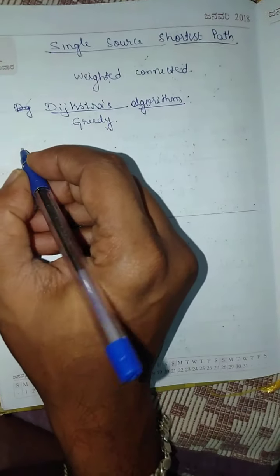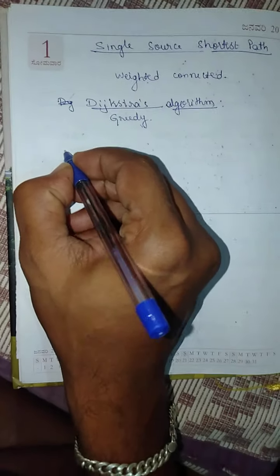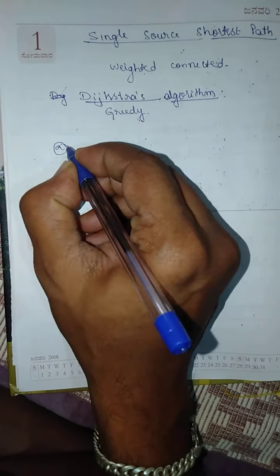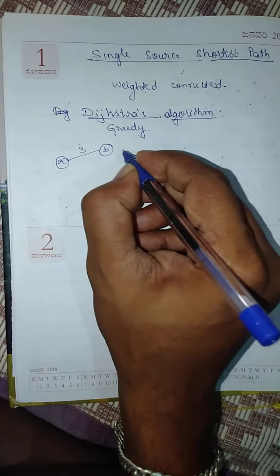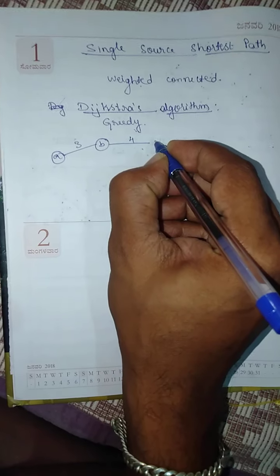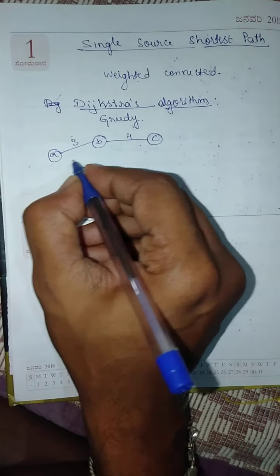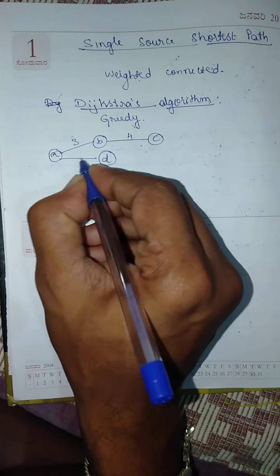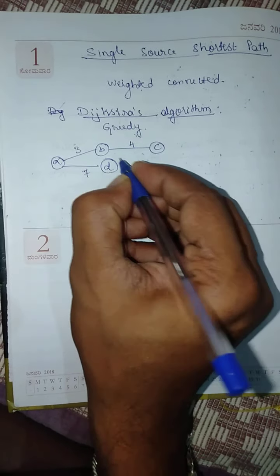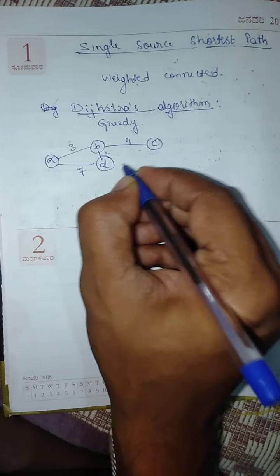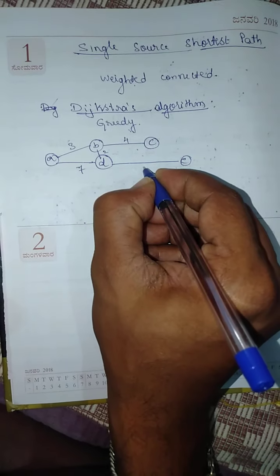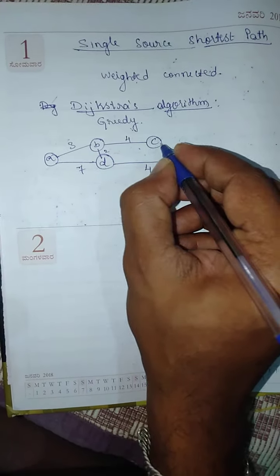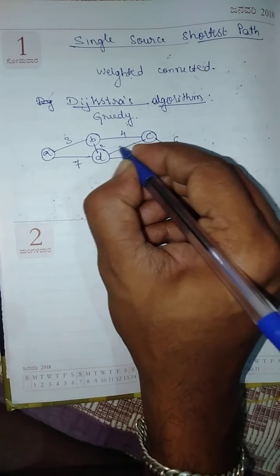Let us consider an example graph with vertices A, B, C, D, E, and the weights: A to B is 3, B to C is 4, D is 7, then 2, E is 4, 6, 5.